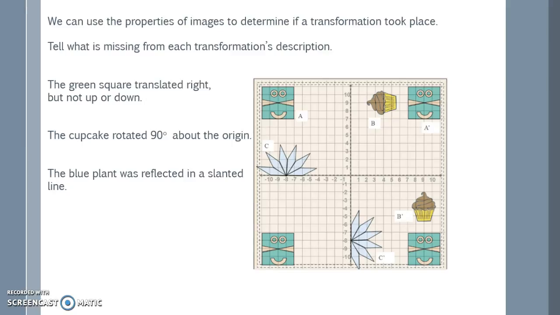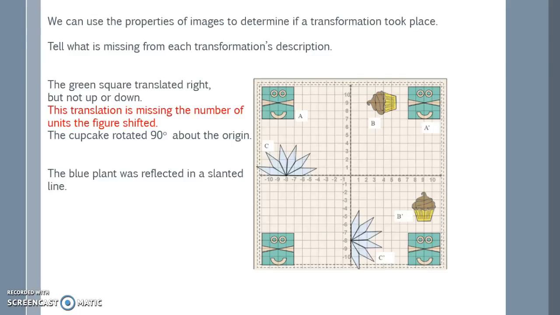Tell what is missing from each transformation's description. The green square translated right, but not up or down. The cupcake rotated 90 degrees about the origin. The blue plant was reflected in a slanted line. They're not very specific. The translation is missing the number of units the figure has shifted.